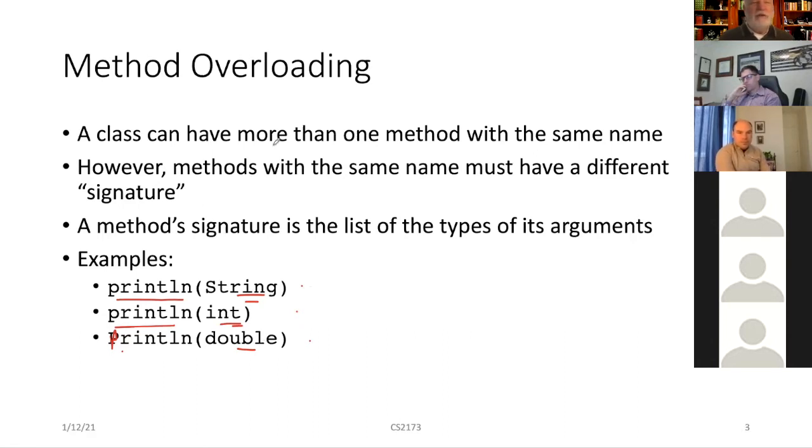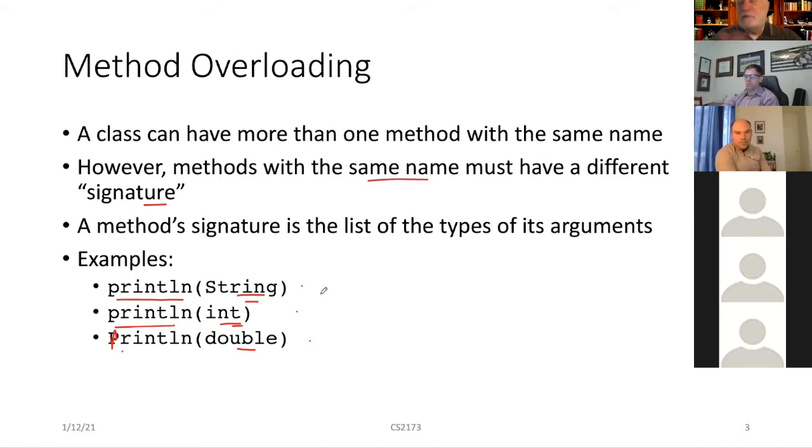And again, that is called method overloading. So methods of the same name written in the same class must have a different signature. In other words, PrintStream cannot have 2 printlns that have an argument string. That should make sense.